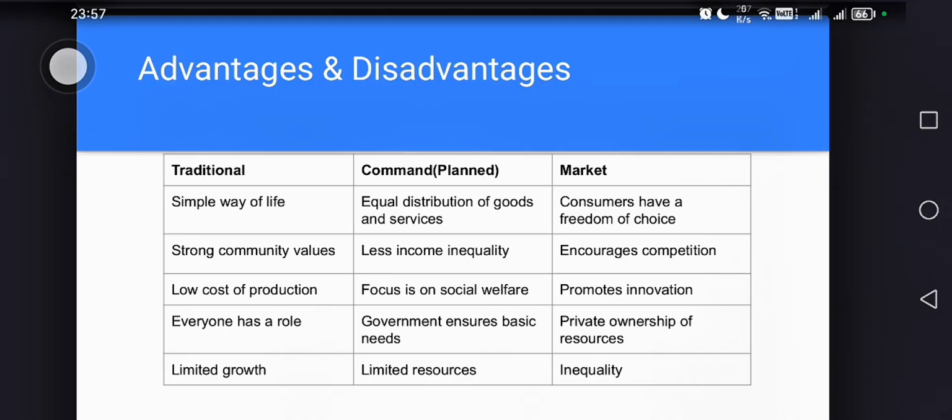So you must remember that in an exam setup, because they are going to ask you questions like what is the main difference between command and market economies, and you might also be asked to give examples of a mixed economy, or how a traditional economy answers the question of what to produce.